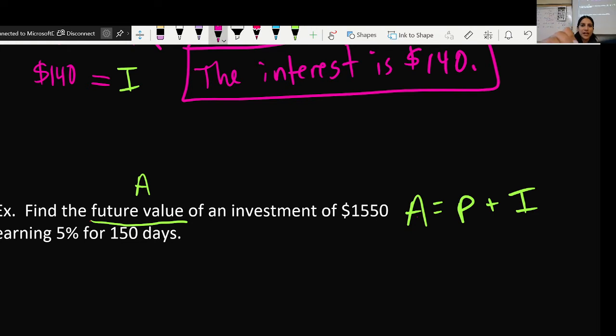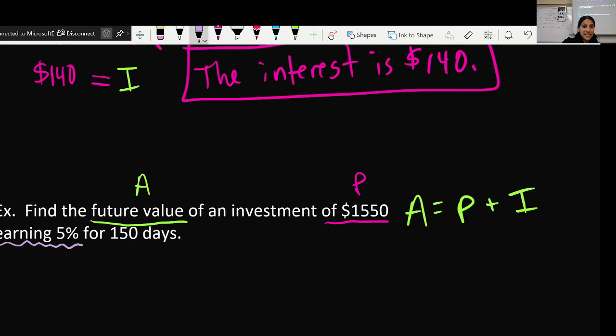Of an investment of 1,550, what would that be in terms of variables? An investment of 1,550? That would be our P value, right? If investment means the money you're putting in, that's the principal, right? Okay, then here's where things get tricky.